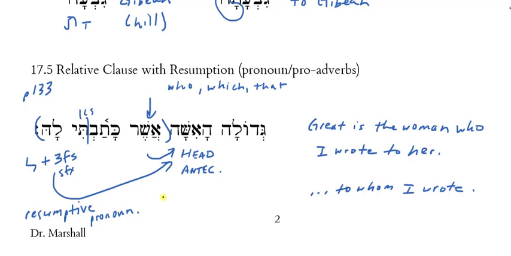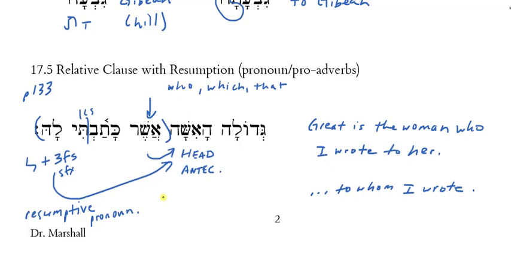Okay? Now, if you look at the example on page 133, we have one more that's like this, except instead of using a pronoun, it uses what I like to call a pro-adverb. Ze hamakom, this is the place, asher yashav, which he sat, sham, there. This is the place which he sat there. That's funny sounding English.